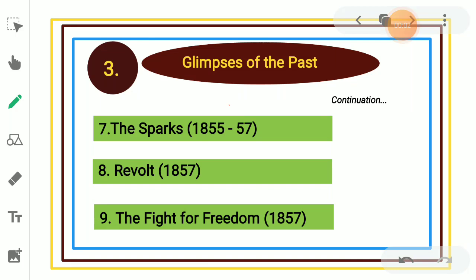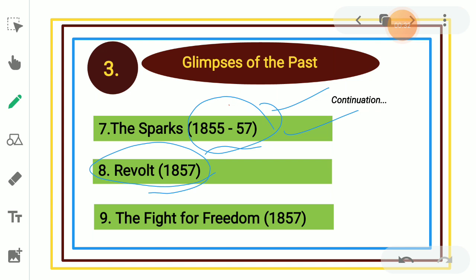In the last session, we studied about Ram Mohan Roy, oppression, then dissatisfaction. In today's class, we are going to study about the sparks. What are those sparks? It happened in the years 1855 to 1857. Then, the revolt.